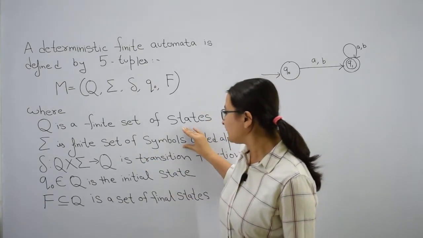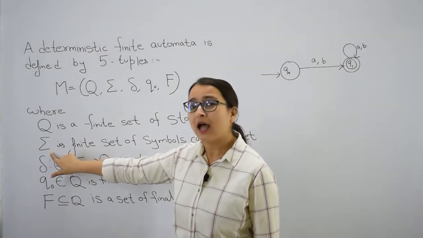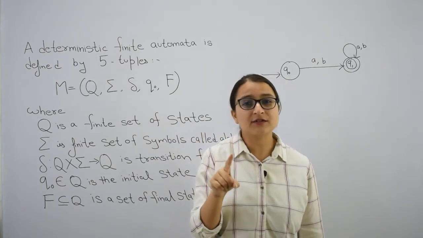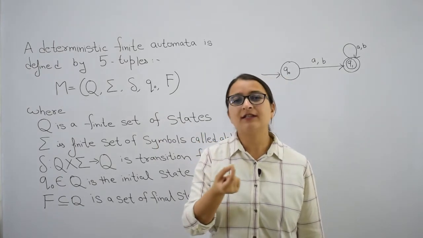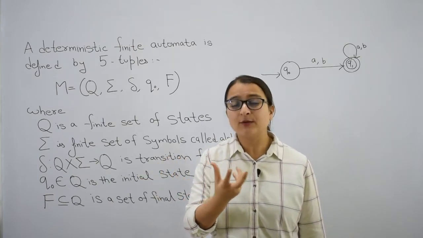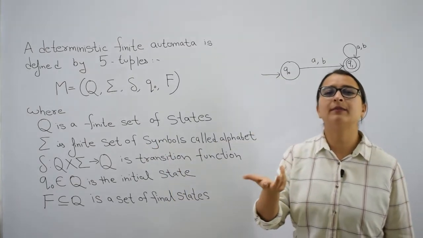So the next thing is sigma. This we represent by sigma. I have already told you that a language is a set of strings, and a string is a sequence of symbols from a particular alphabet, and those symbols might be repeated.